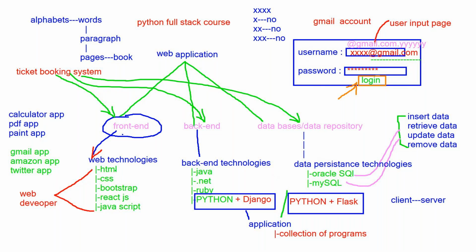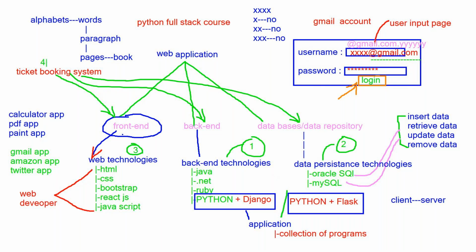So first I will explain Python and the Django framework, and Python with Flask. But after that, we will move on to this one. Once this is over, we will come back to web technologies. Once we are done with this, we will come here.